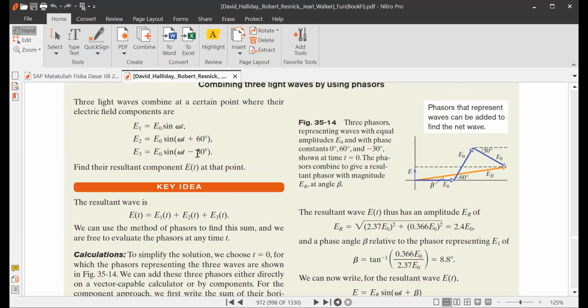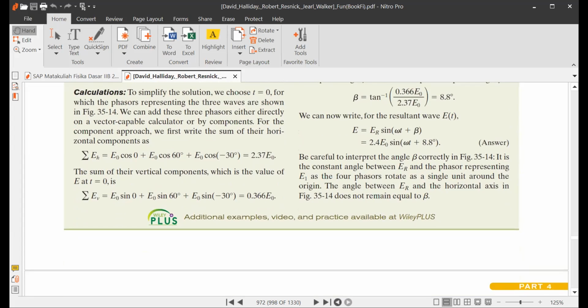I mean, the picture is the same for t equals 0 and for any point of time. Okay. No question.